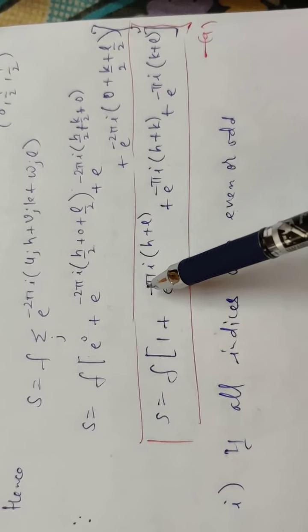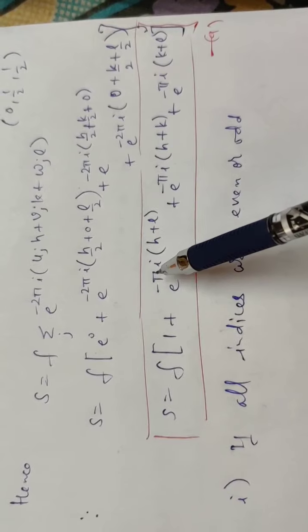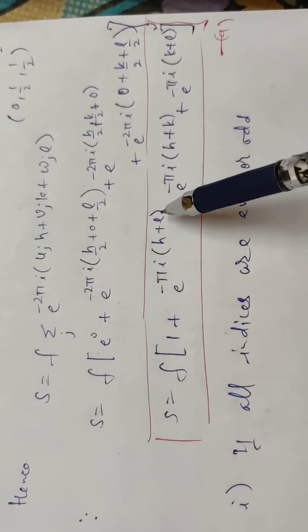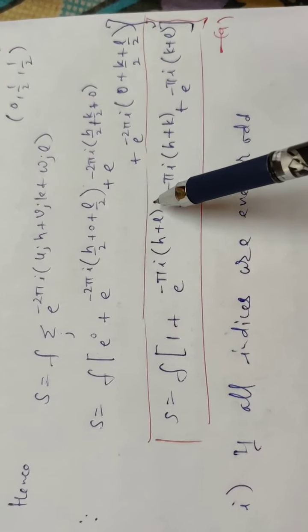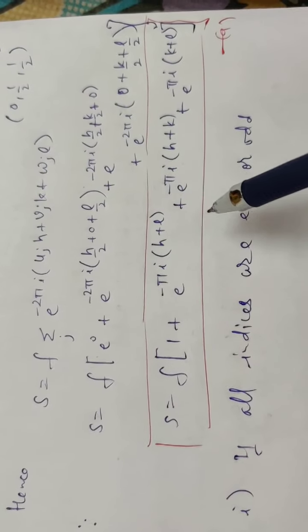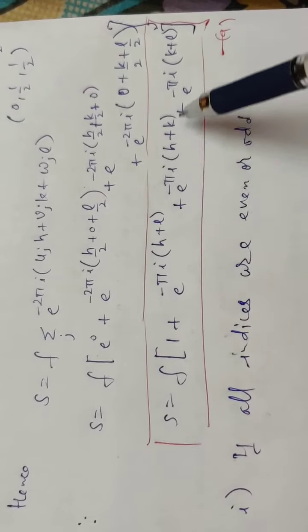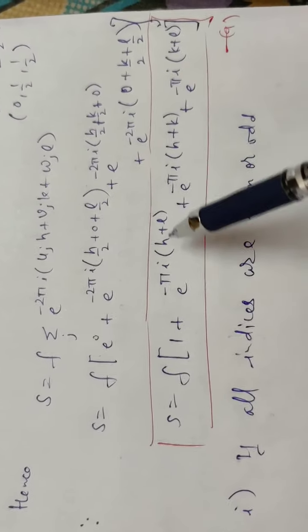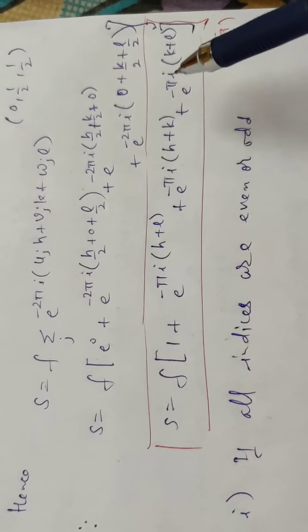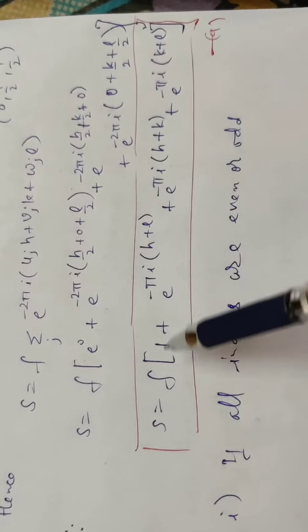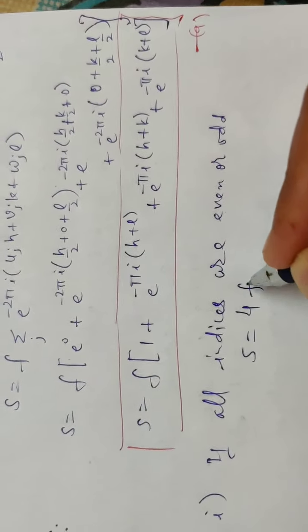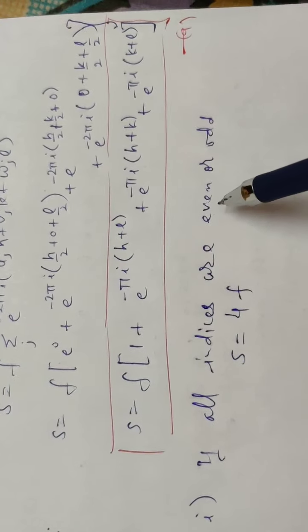So this will be 1 plus 1 plus 1 plus 1, which is 4. So this will be 4f. So S will be equal to 4f if all integers are even or all odd.